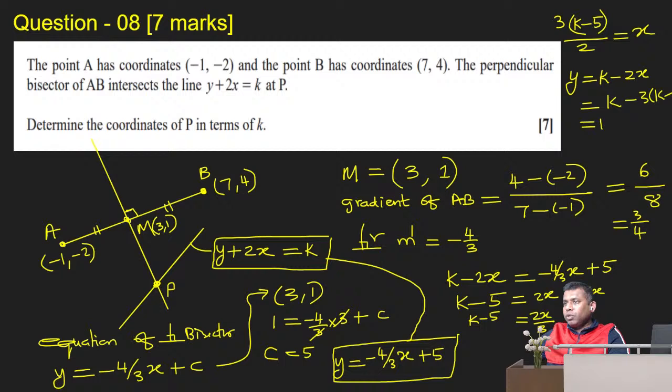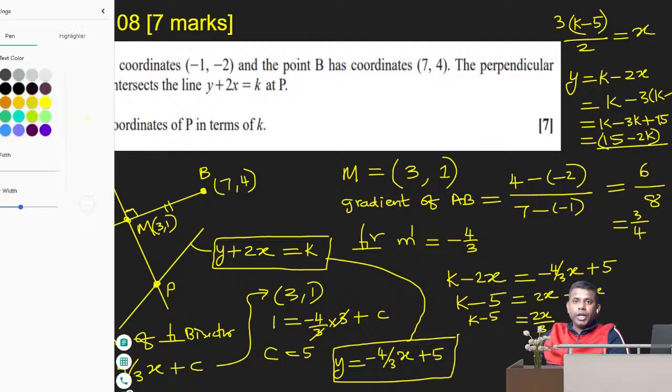If you do that, k minus 3k plus 15, so that is 15 minus 2k. So I found the y coordinate in terms of k, and the x coordinate in terms of k as well.